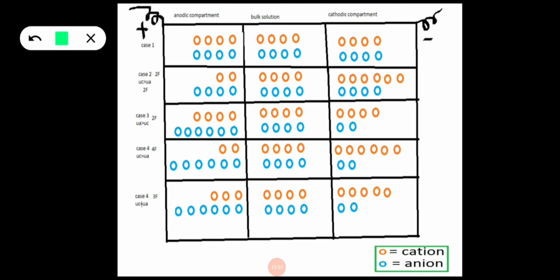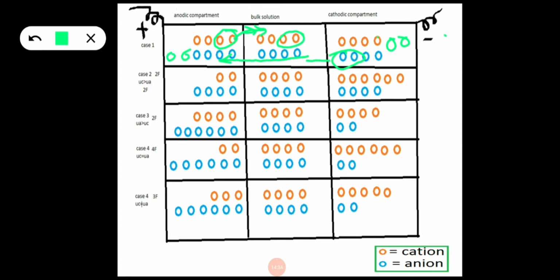Now when current is passed through this electrolytic solution, the cations from here should move towards this electrode, the cathode. So they will first come into this compartment, push into the next solution, and again move on until they come here. And anions will move towards the anode. One or two or three anions will come into this and again move into the next.